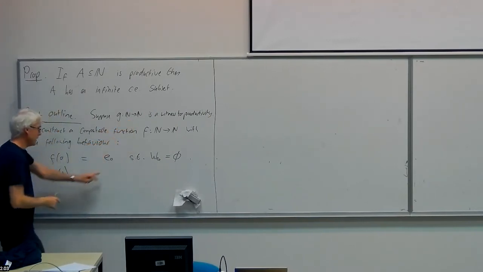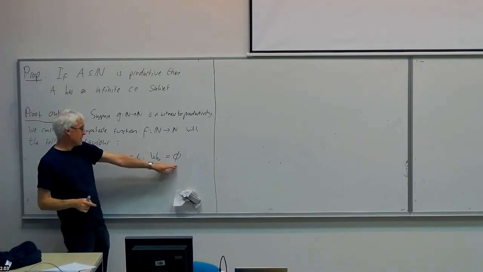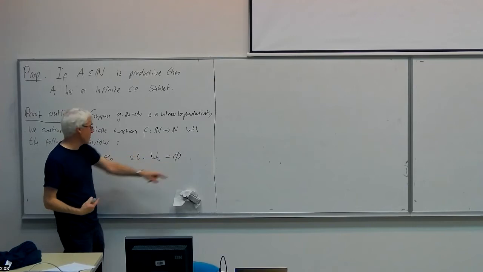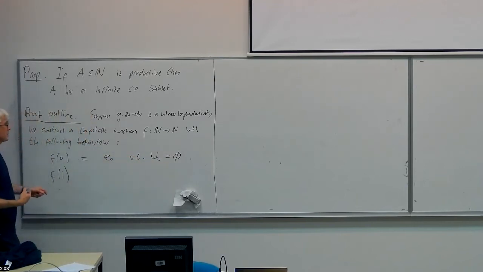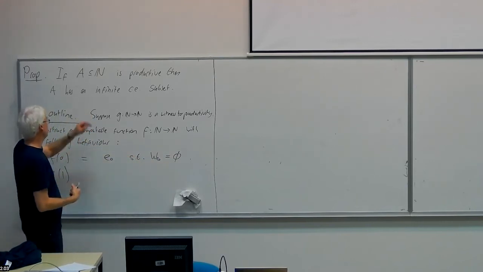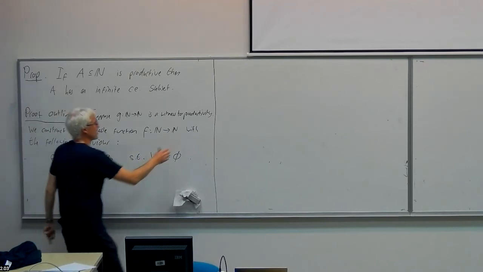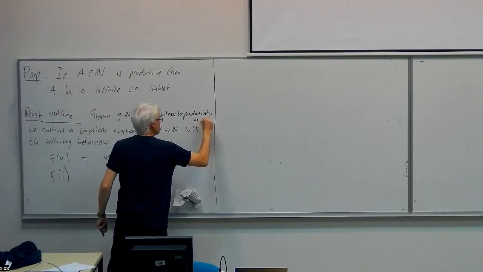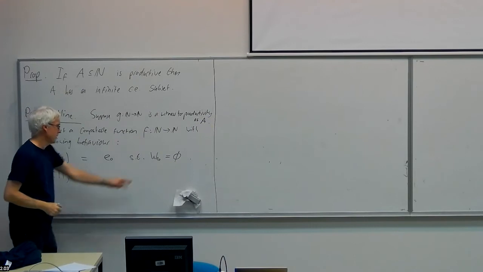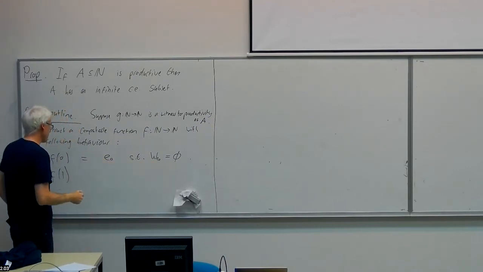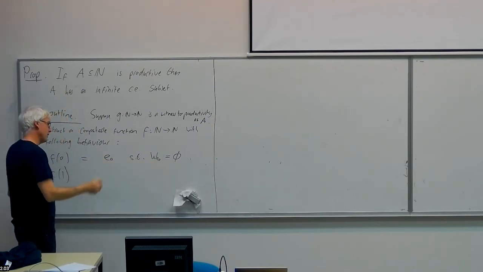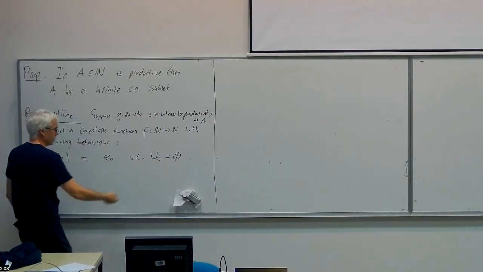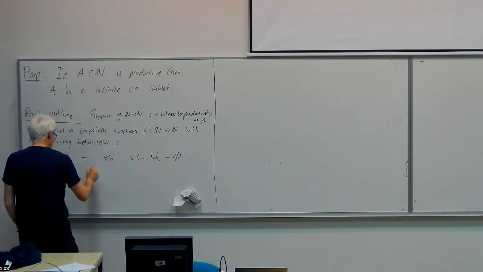So e0 is an index for the empty set. The empty set is of course a computably enumerable subset of A. So by productivity of A, g of e0 will be some element in A, but outside of the empty set anyway.